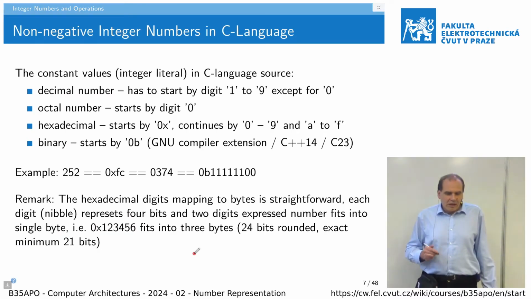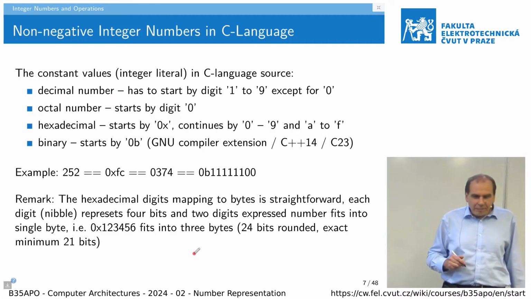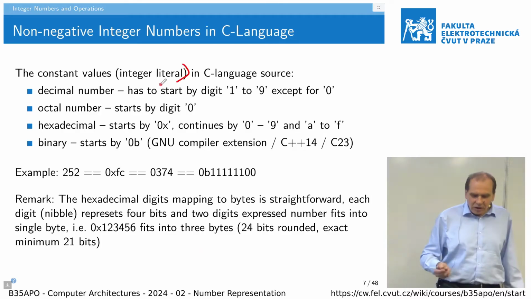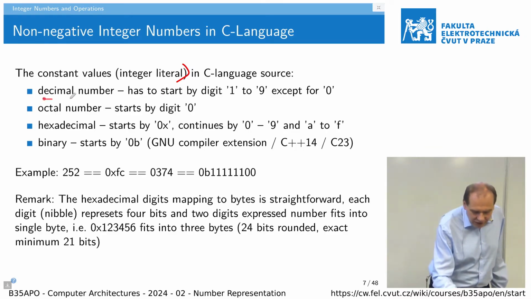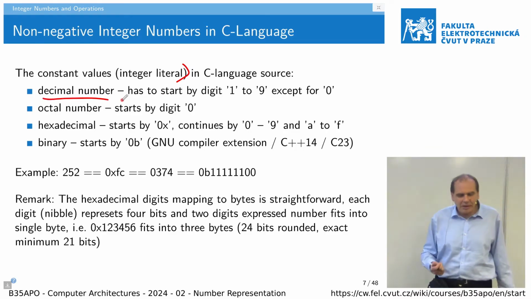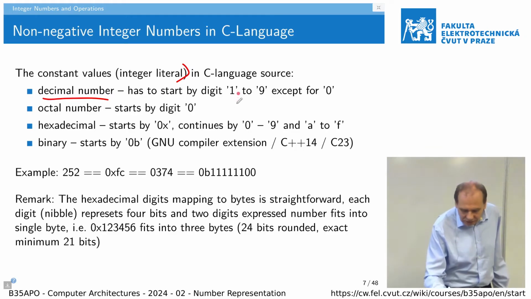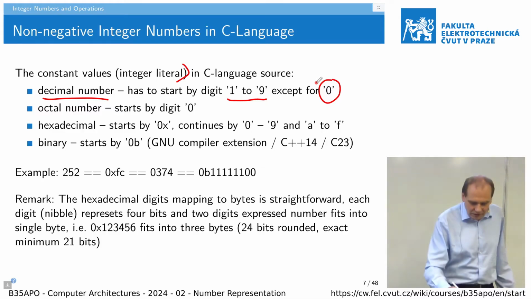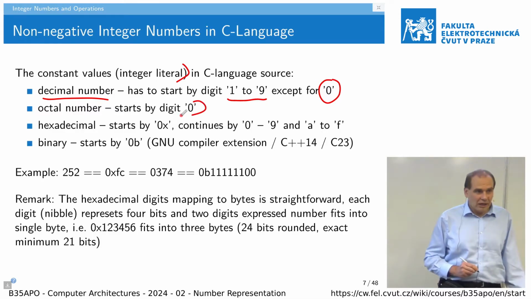Okay, for non-negative numbers, literals in the C language, you know that you can write in the source code a decimal number, but it has to start with a non-zero digit. Because if it starts with the 0 digit, then for historical reasons, it represents octal numbers.